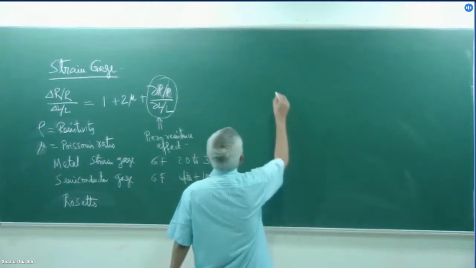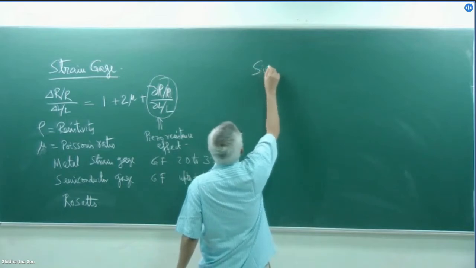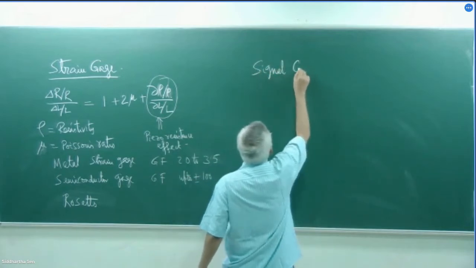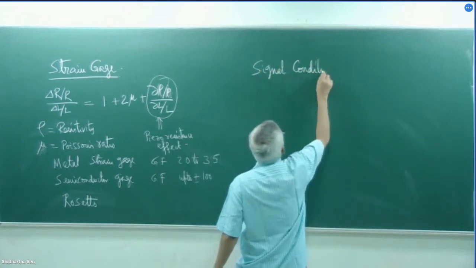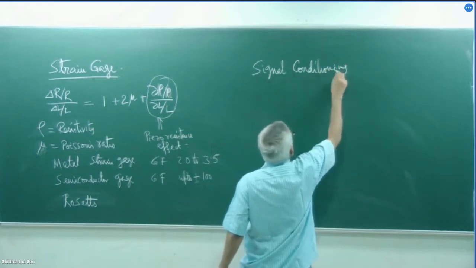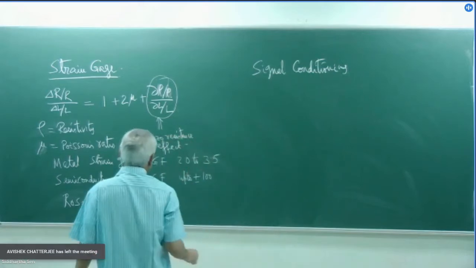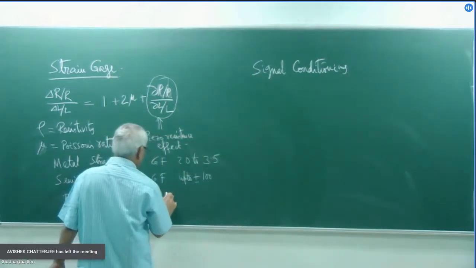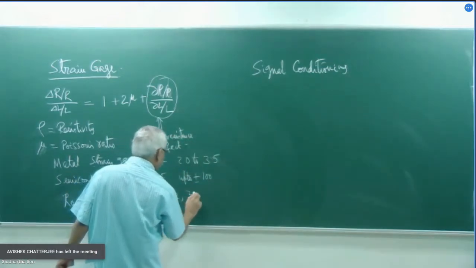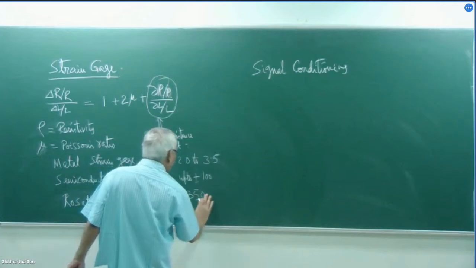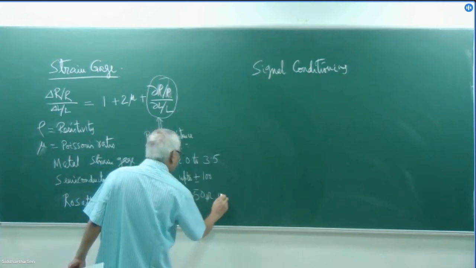Now we go for the signal conditioning circuit. Before that, we have also seen that strain gauges are available in standard values of 120 ohm, 350 ohm, 1000 ohm.